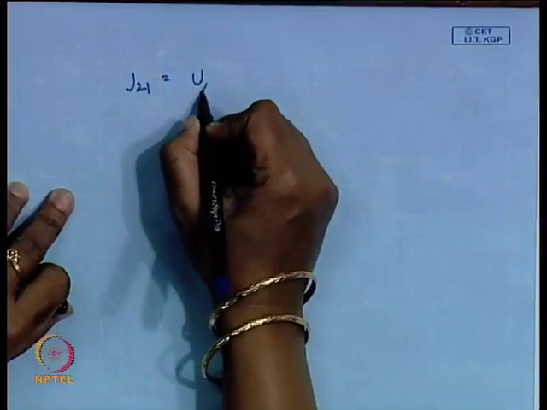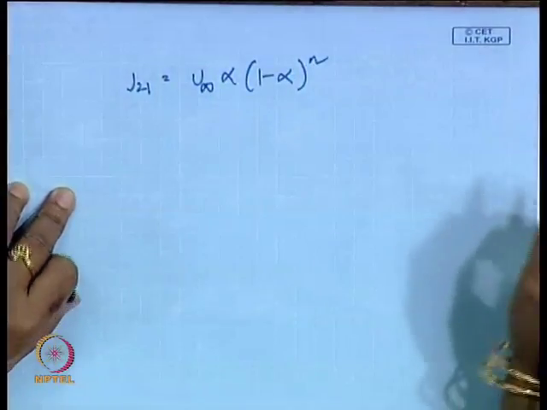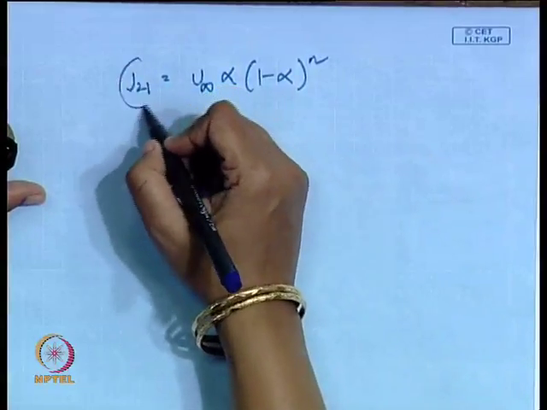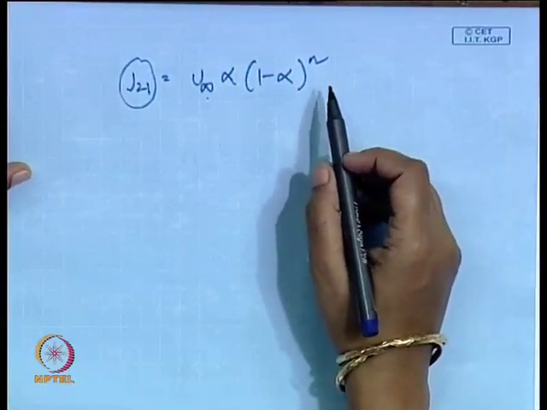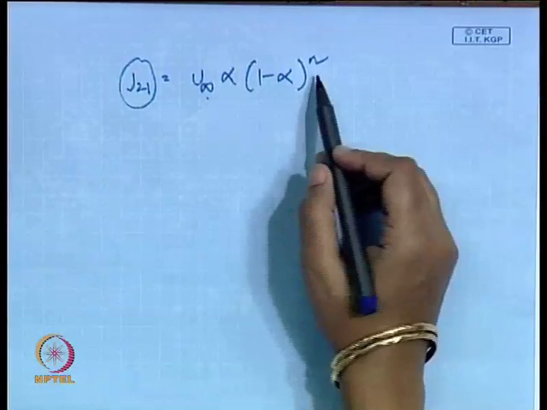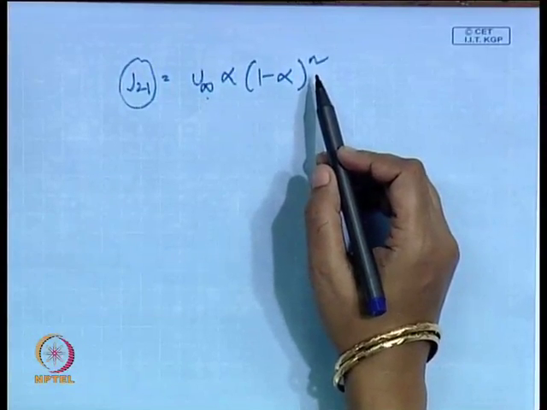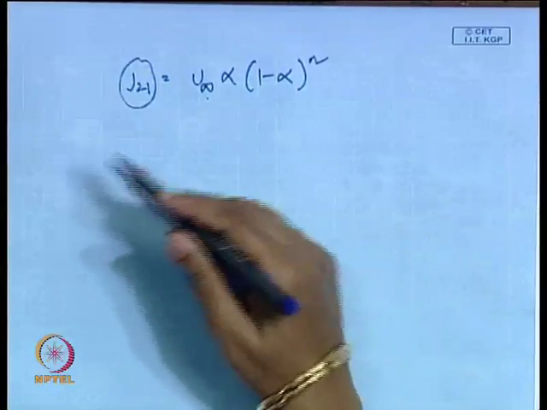So, we knew already that J21 is equal to u infinity alpha into 1 minus alpha whole to the power n. Therefore, in order to find out J21 we need to find u infinity and n. What we had proposed was that u infinity and n are different for different flow patterns, and I had proposed the set in a tabular form.